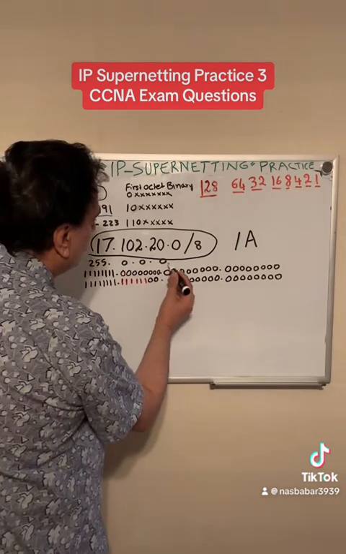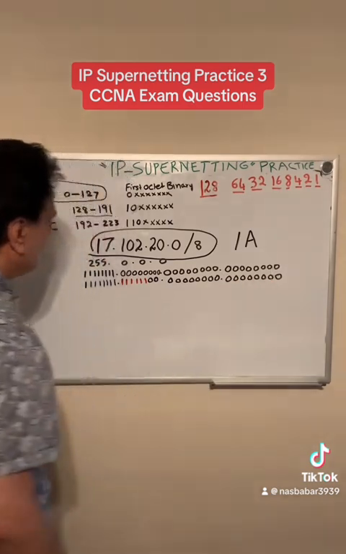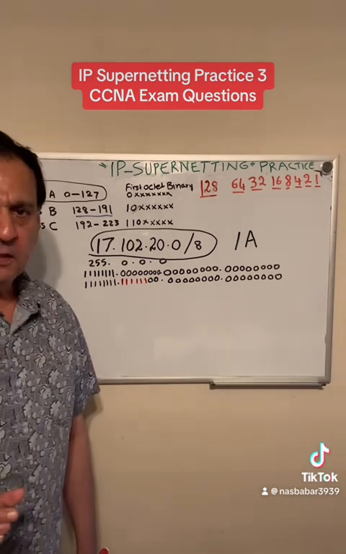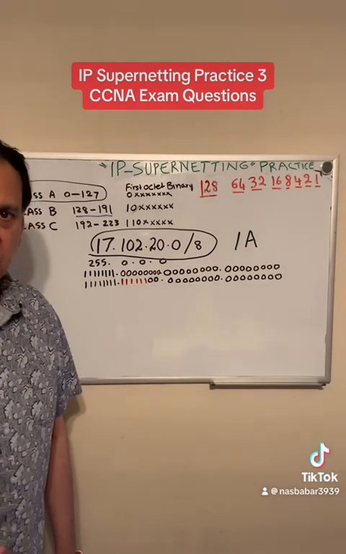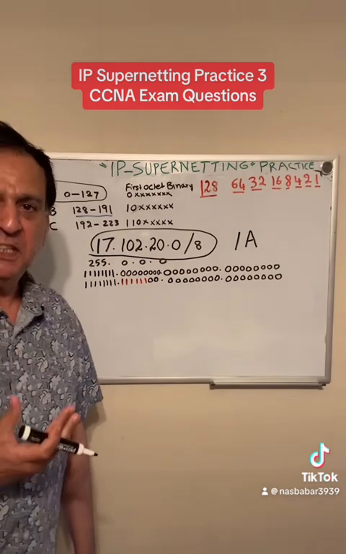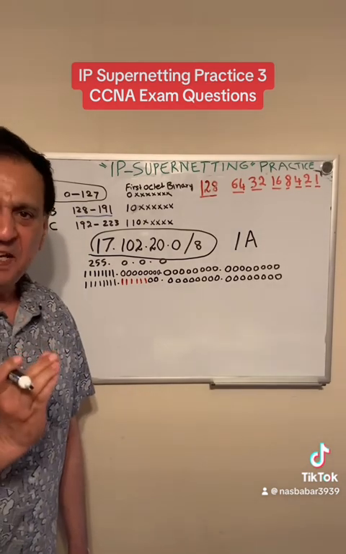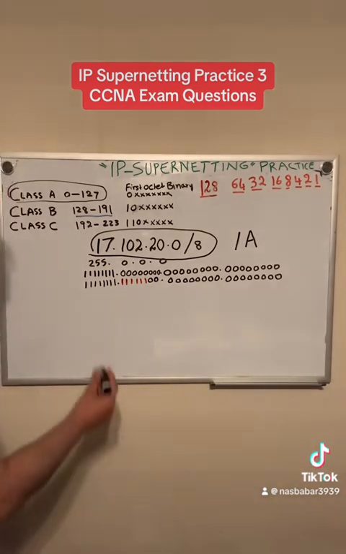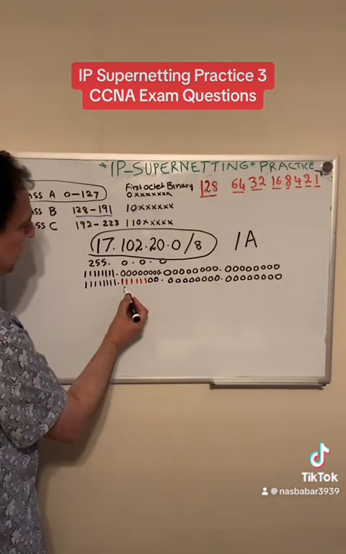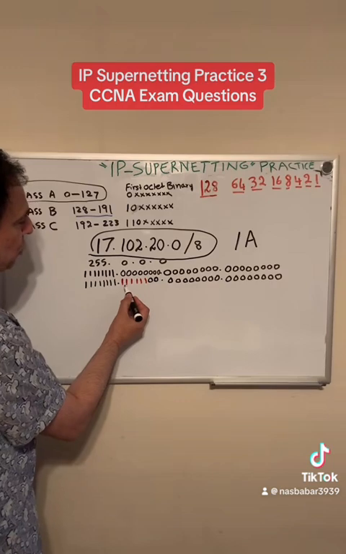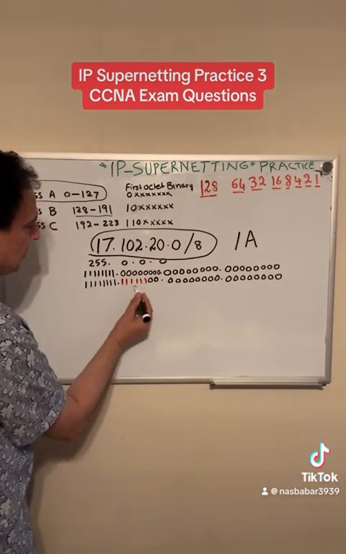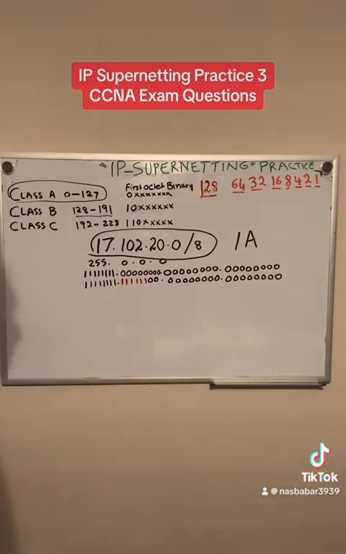Now I want to steal some zeros from the second octet and make them ones, and subsequently change the subnet mask and create supernets from that. As you can see in red right here, I've stolen 6 zeros and made them ones, okay?